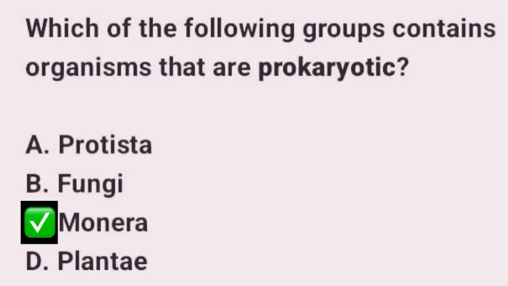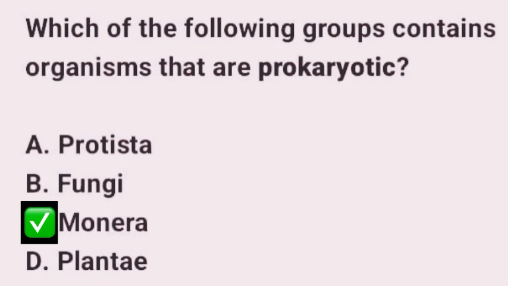Now, to be able to answer this kind of question, the first thing is to know the meaning of prokaryotic organisms. Prokaryotic organisms are organisms that lack a true nucleus and membrane-bound organelles. Their DNA flows freely in the cytoplasm. Examples include bacteria and blue-green algae. These are grouped under the kingdom Monera.